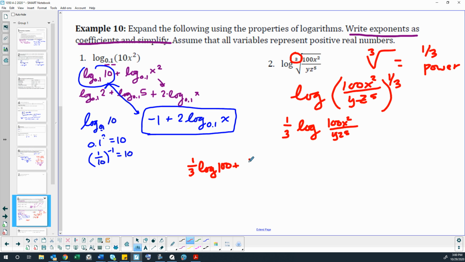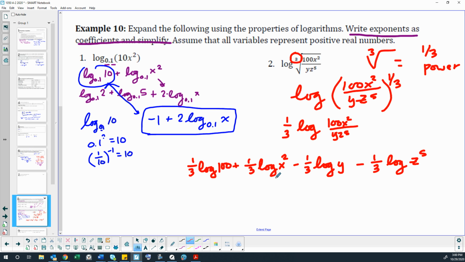And then we can have 1/3 log of x squared, because that's another part of our factor in the numerator. Now we're going to start subtracting. So minus 1/3 log of y, and then minus 1/3 log of z to the 5th. Now would this 1/3 be in front of everything if everything wasn't inside of that cubed root? No, it would not.